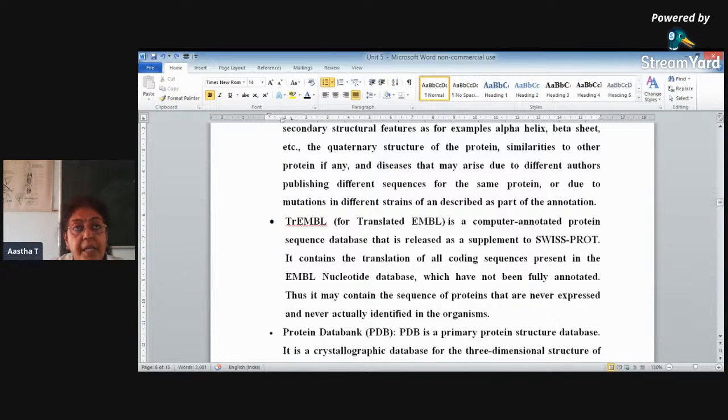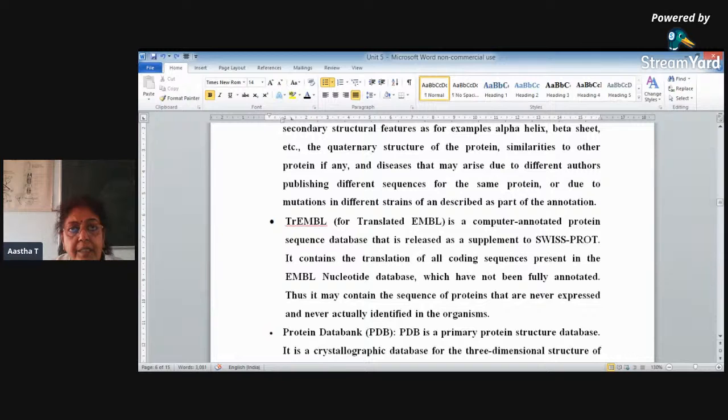Okay? That is, what is the sequence of nucleotides on the DNA associated with the synthesis of a particular protein. So this has been supplemented with SwissProt, which is involved in the storage of protein sequences, or it is nothing but a protein sequence database.